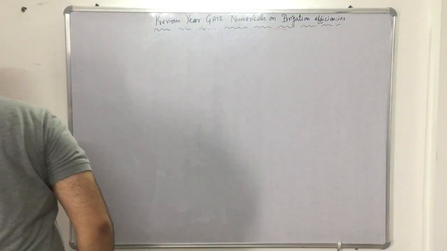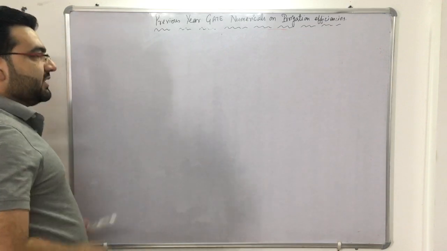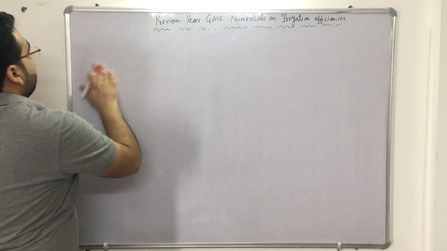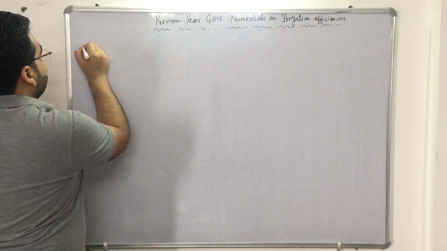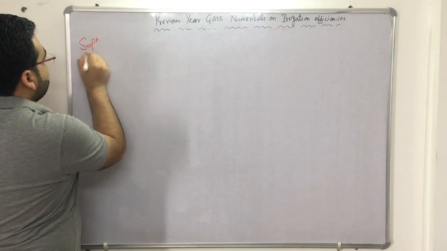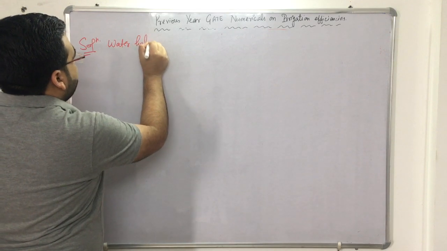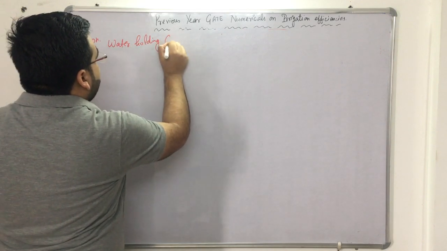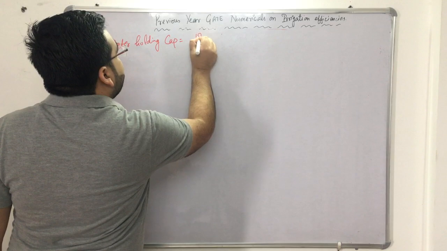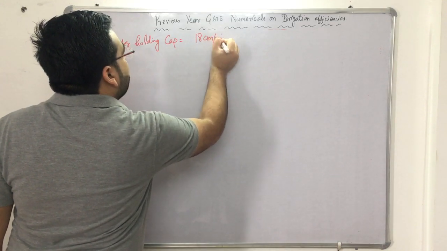Now let me write what was given to us in the question. Solution: first of all, the water holding capacity was given to us as 18 centimeter per meter.